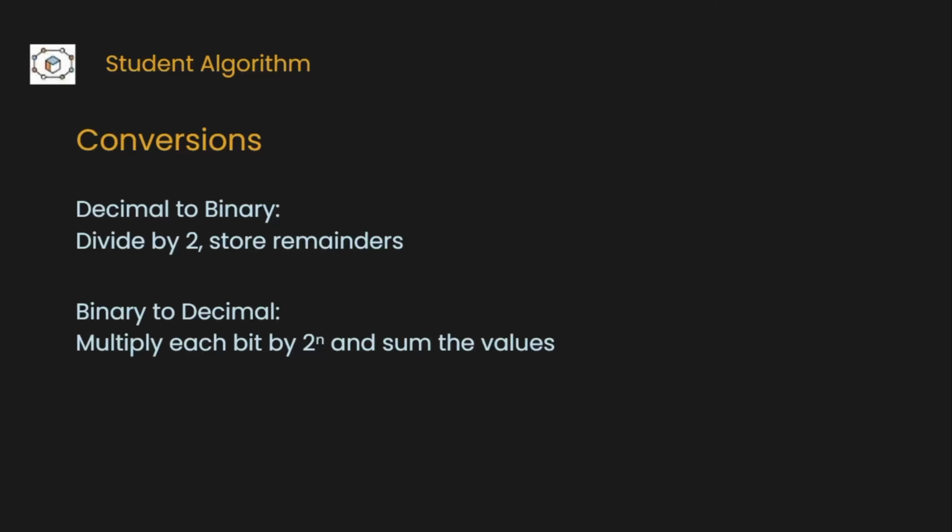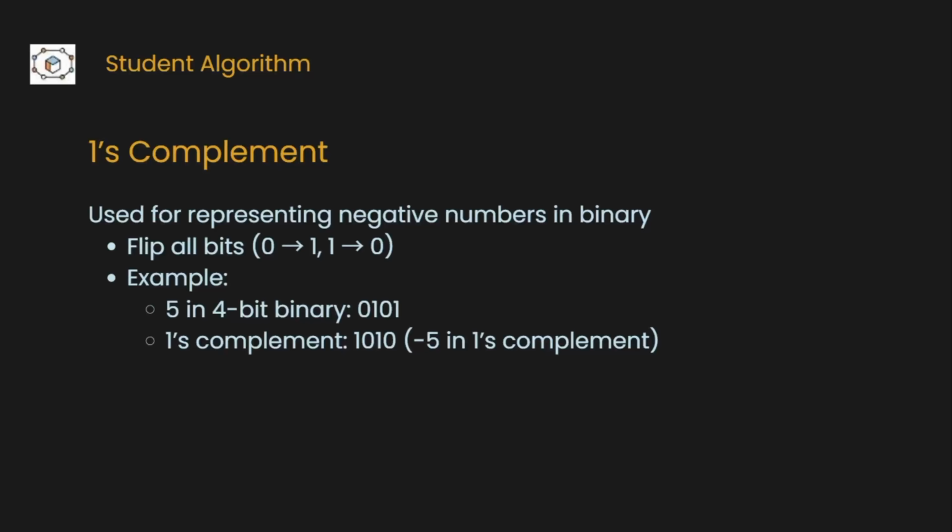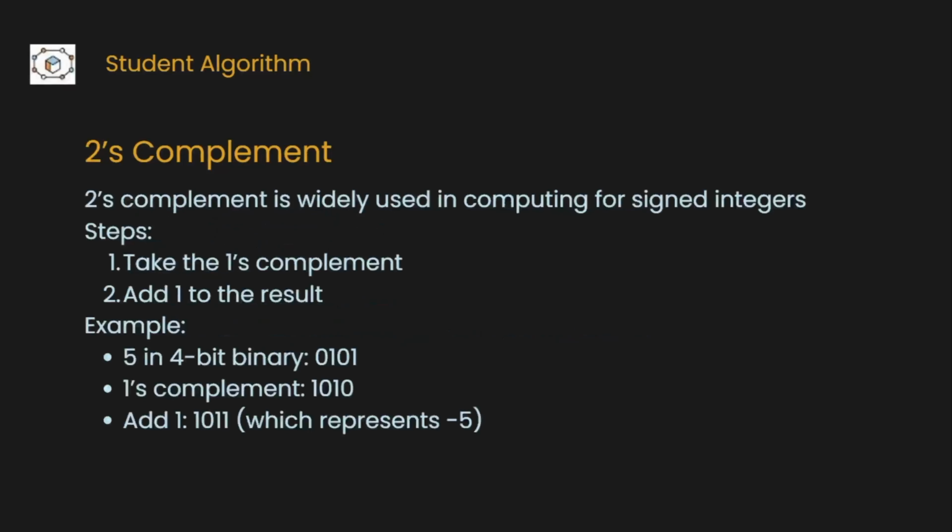To convert decimal to binary, we divide by 2 and store the remainders. From binary to decimal, we multiply each bit by 2 power n and sum the values. Then we covered ones complement and twos complement. We require them to represent signed numbers, that is, to convert positive numbers to negative numbers.